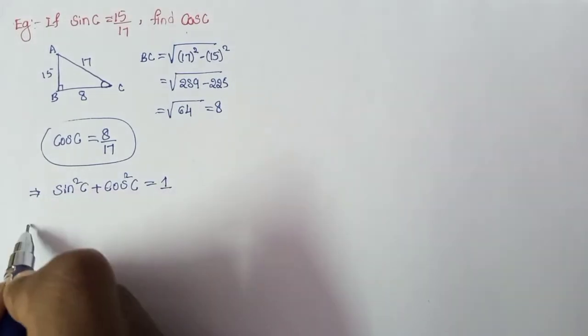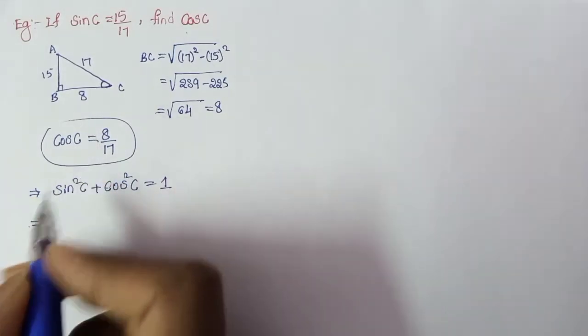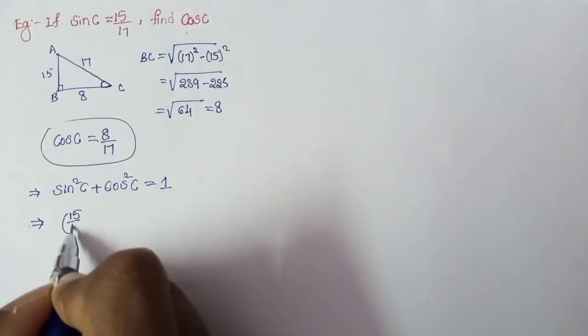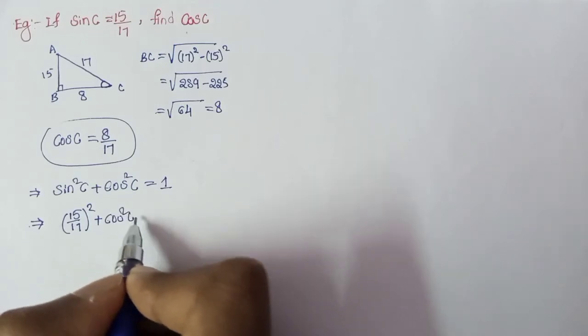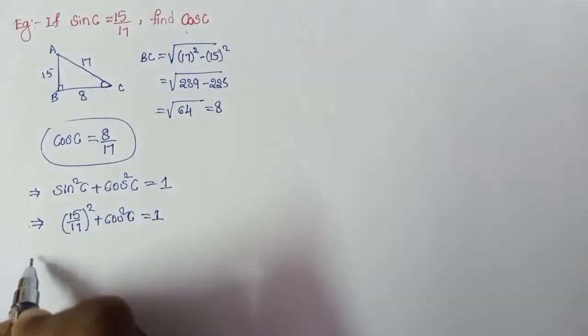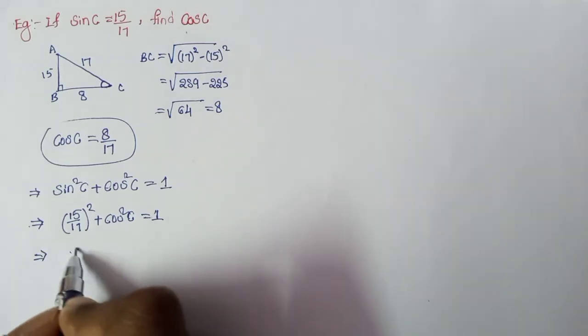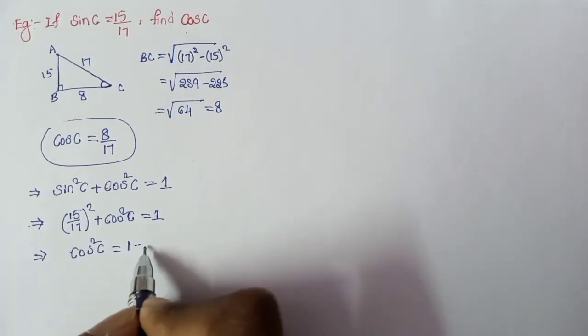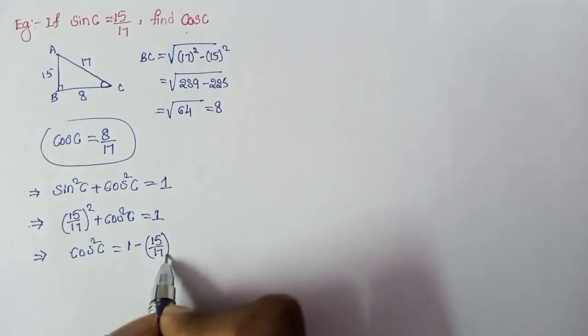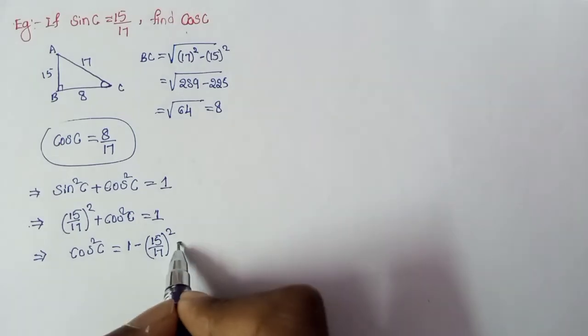Here sin C is given, so 15 by 17 whole square plus cos square C is equal to 1. Here cos square C is equal to 1 minus 15 by 17 whole square.